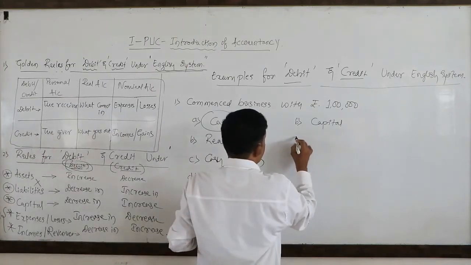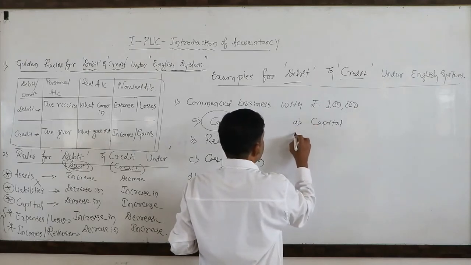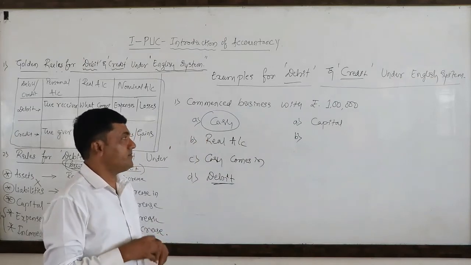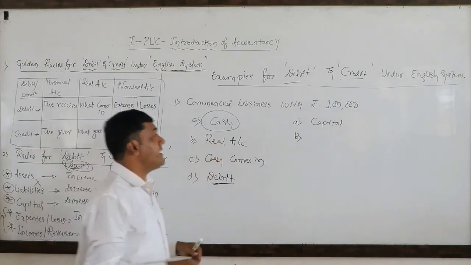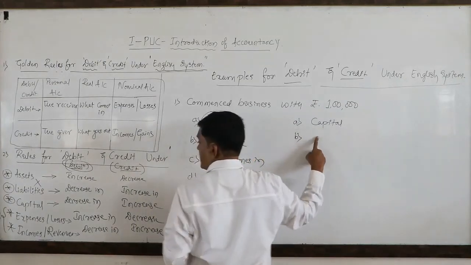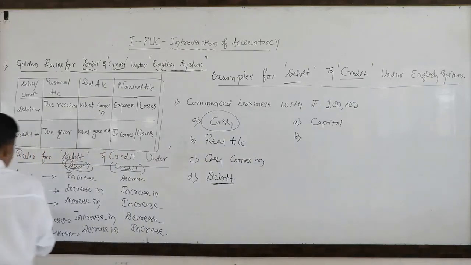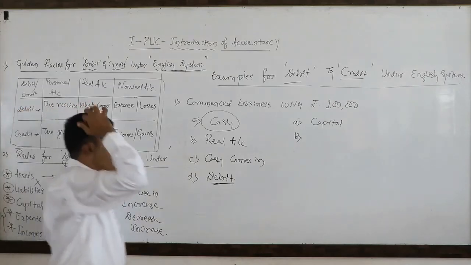Let us see the second one, that is capital. The term capital: instead of writing the owner's name, here we have written the term capital. Or you can say, as per the American system, capital, increase in capital, decrease in capital. I'll discuss all this while discussing the American system.